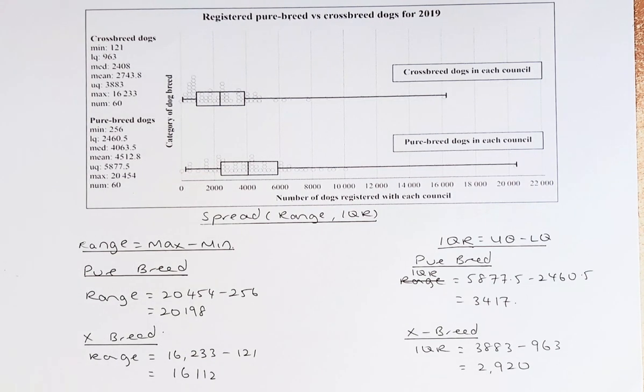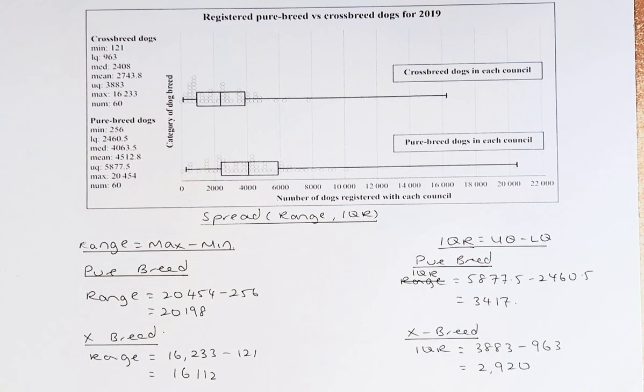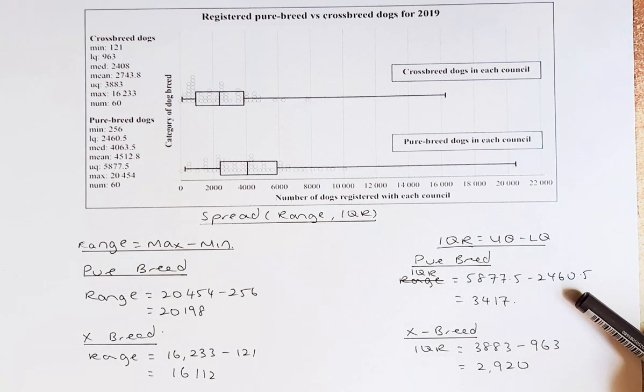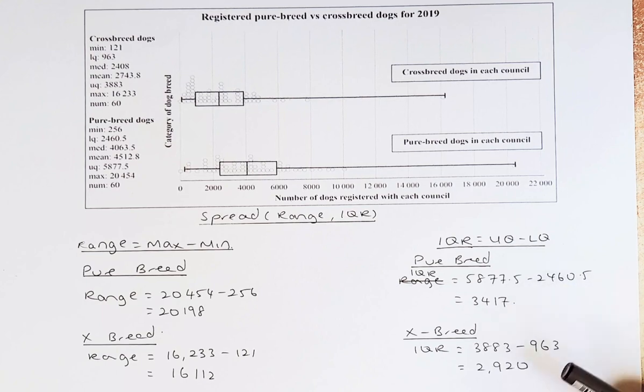The interquartile range for crossbreed is 3,883 take away 963. The upper quartile is 3,883 and the lower quartile is 963, and we come up to the answer of 2,920. Again, the purebred has a bigger interquartile range than the crossbreed.